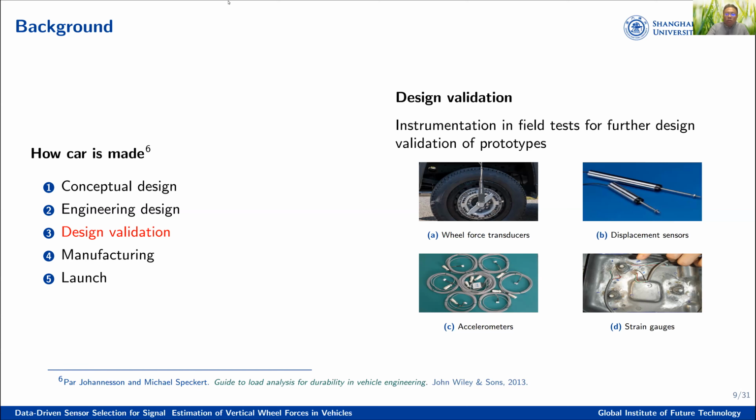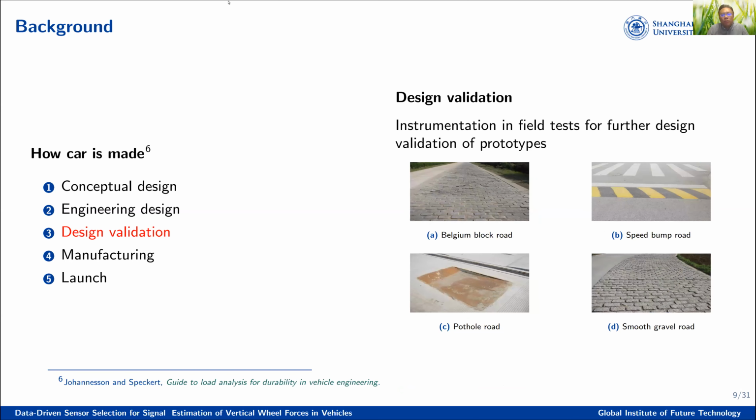So when prototypes are developed, they will be equipped with those sensors, and those vehicles will run on different types of test roads to mimic the real driving situation. So during this procedure, the sensor data will be collected and analyzed for different types of road conditions.